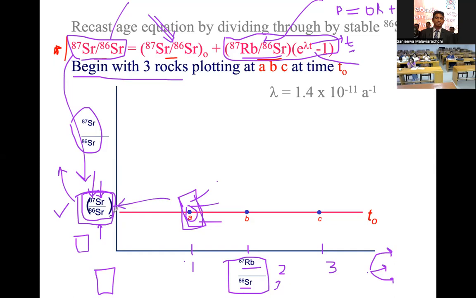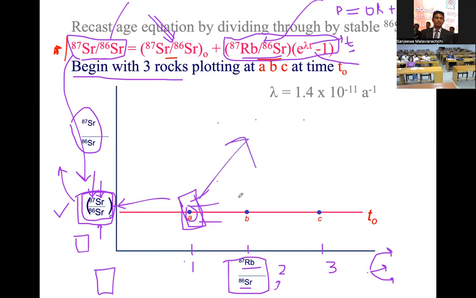So we can take the strontium as a constant value, but rubidium will be changing because you have plagioclase here and you have cpx here. The amount of rubidium going into plagioclase is different than the amount going into cpx. So you will still have three different points for your minerals if you are taking just a single rock.